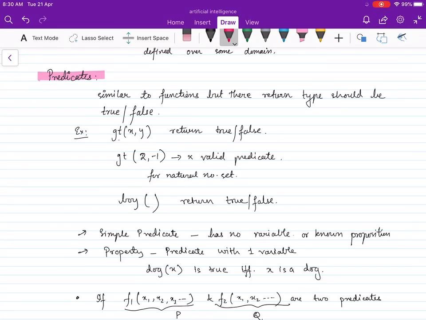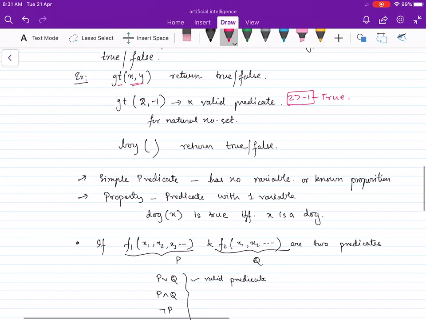In functions the return value can be any value, like 9 or any name depending on the domain, but here the return value should only be true or false. For example, greater than(x, y) can return only true or false. For 2 and minus 1, it will check if 2 is greater than minus 1; yes, so it will return true. Another example is boy: is this person a boy or not? It will return true or false.